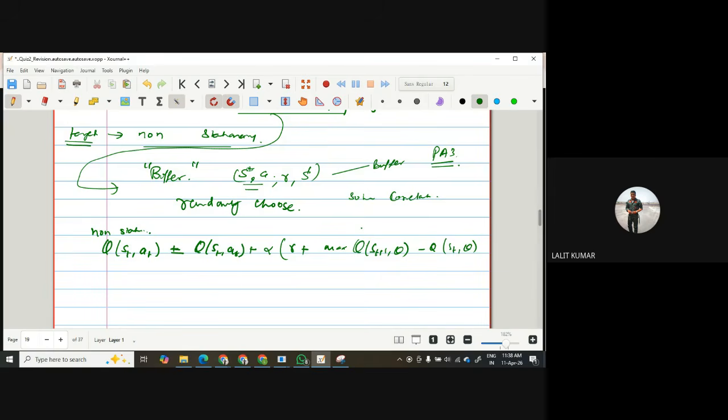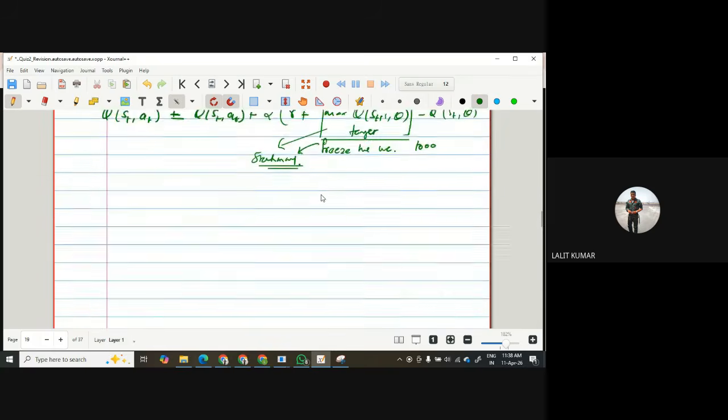If we are using the same network, we are calculating the target from here and also using it here. So for some episodes, we freeze the weights. For example, every 1,000 steps, we freeze the target parameters to make it stationary. Otherwise, this was changing and this was also changing, so your target was non-stationary. By freezing, we make it stationary. So these are the two concepts by which we handle these problems.